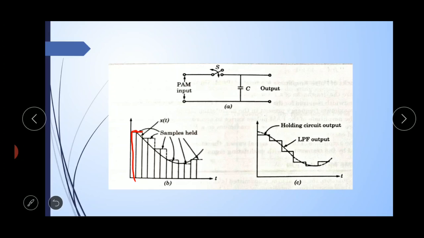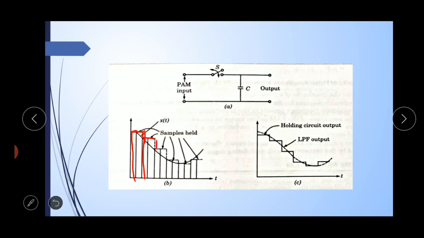Then again the next pulse comes and the switch S is closed. The next pulse is this one. The difference value decreases, and again it charges to that pulse's maximum amplitude and holds that value.